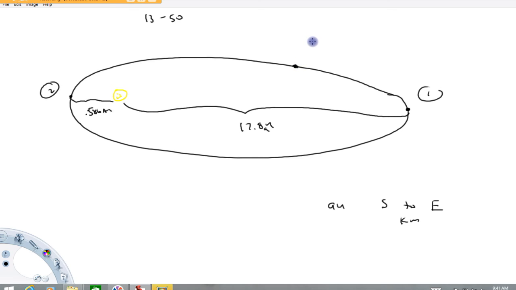We're going to have the gravitational force, and when you apply Newton's second law, the gravitational force is equal to mv squared over r. You'll notice, though, that the r is not constant in this problem. This is not a circular motion problem.